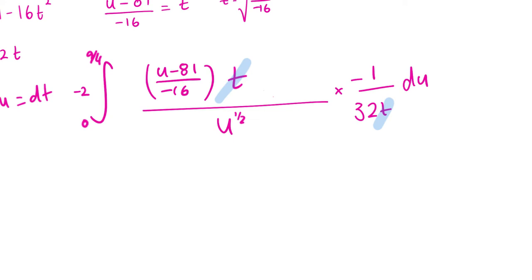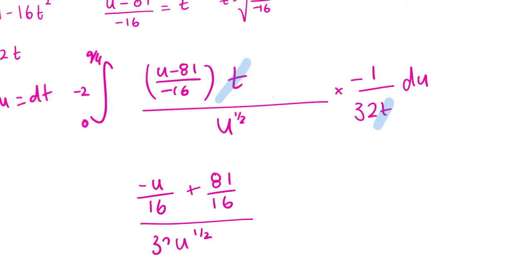Let's see. So we're going to have u minus u over 16 plus 81 over 16 divided by u to the power of a half, 32u to the power of a half, which is a negative 32u to the power of a half.